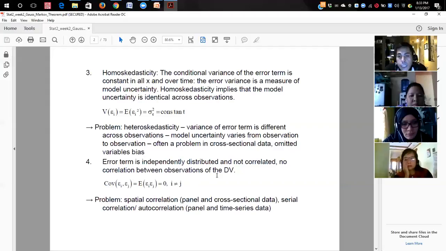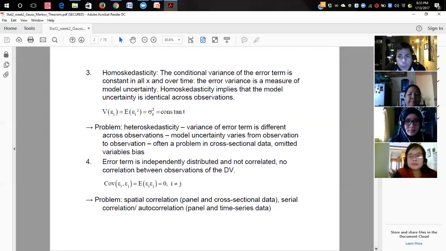So again, looking at collinearity is an important assumption in linear regression for OLS, the ordinary least squares.